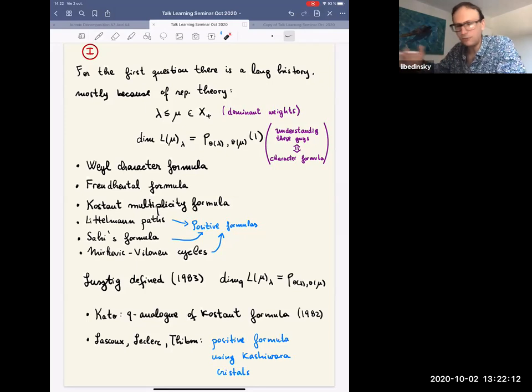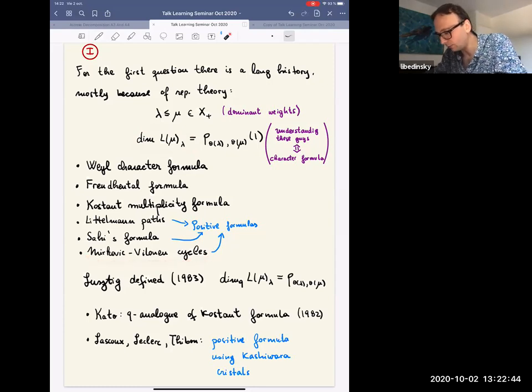And all of these are for any affine Weyl group. Littelmann paths: you obtain this as a sum over the endpoints of some paths that are acted on by some operators. Then you have Sahi's formula, a formula coming from Cherednik algebras. It's also a positive formula, but it's a sum of rationals. So you obtain this as a big sum of rational numbers.